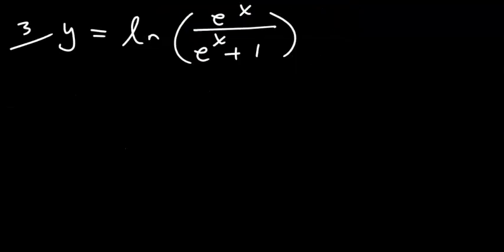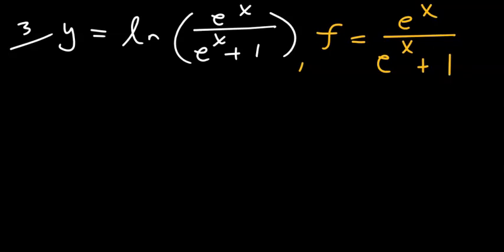Let's look at the following function. Of course, it has exponential functions as an argument of the logarithmic function. So the first step is to define a function f as e^x over (e^x plus 1), namely the argument of that natural log. So now you see y simply becomes natural log of f.